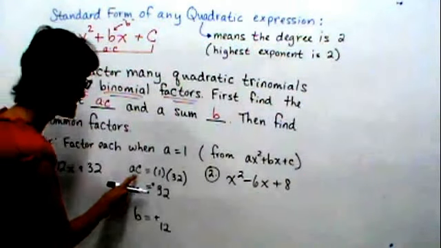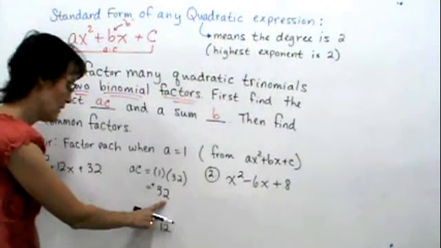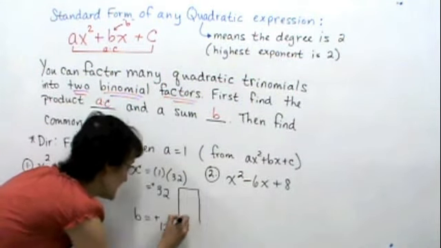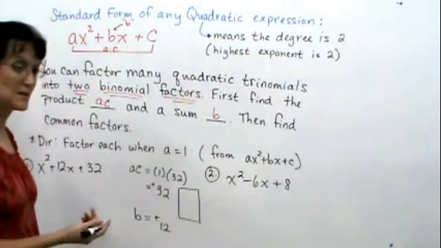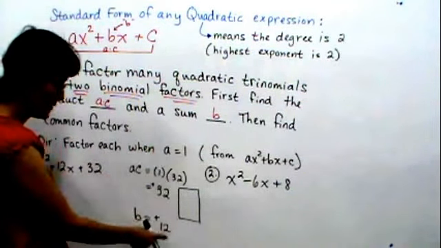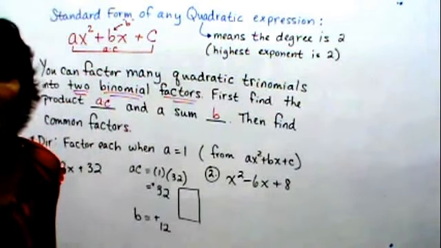Now since this is a product, you're going to take the numbers that multiply to 32. I like to put this in a box so you can see it. Give me some numbers that multiply to 32 that will sum to 12. So that's what we're doing there.